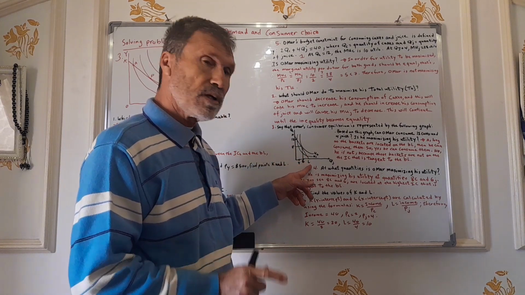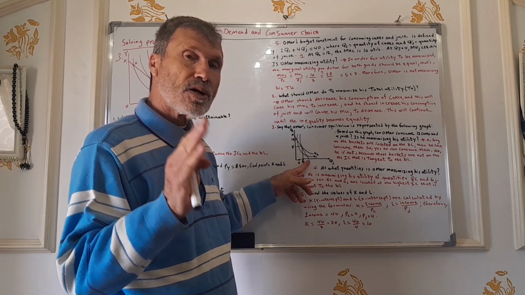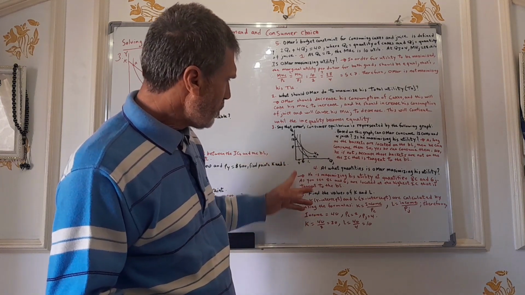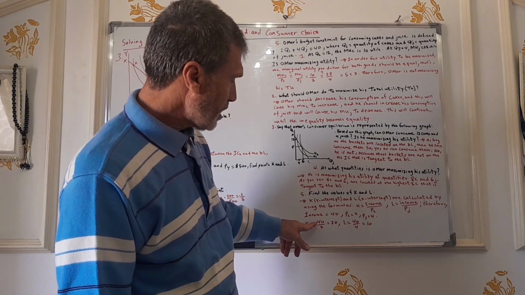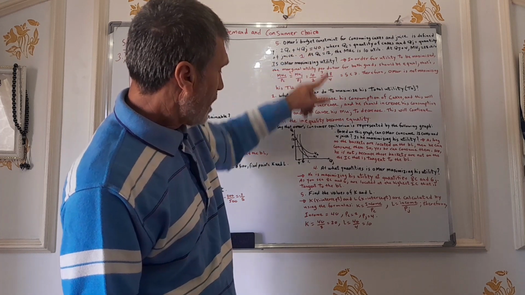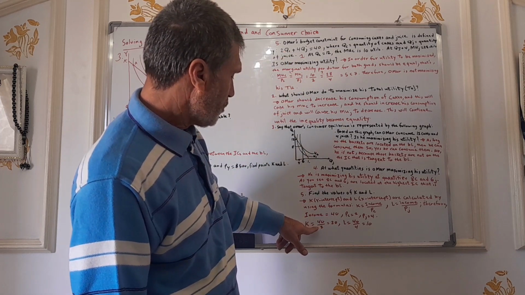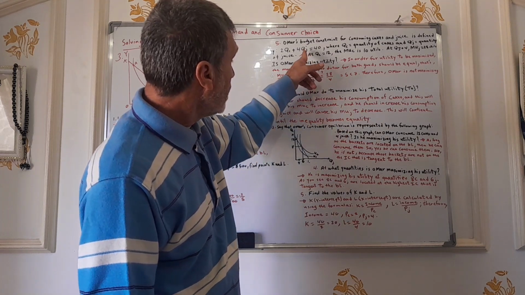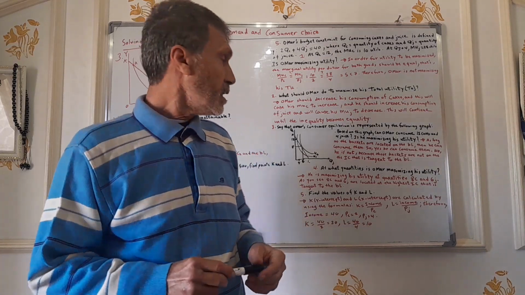And L is calculated by income over the price of the good along the horizontal axis, which is the price of juice. So when we do that, K is equal to 40 over 2, where 40 is the income, and the price of cakes is 2, so K equals 20. And L equals 40 over 4, the price of juice, and we come up with 10. These are the values of K and L.